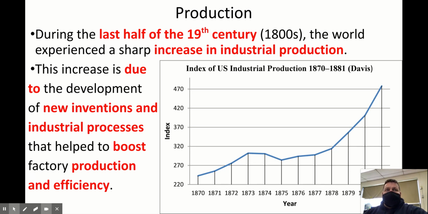of Europe will get up to speed pretty quickly also. So basically the big reason for this industrial production increase, and you could see how steep that curve gets on the graph, is because of new inventions and industrial processes. So everything always comes down to tools and techniques. That's really what it's about.